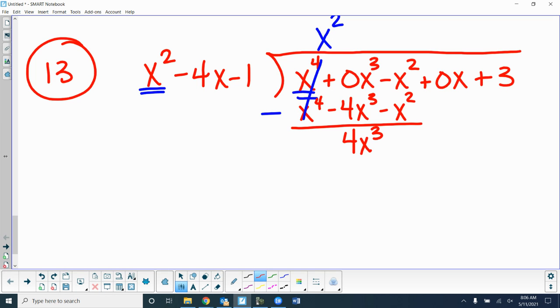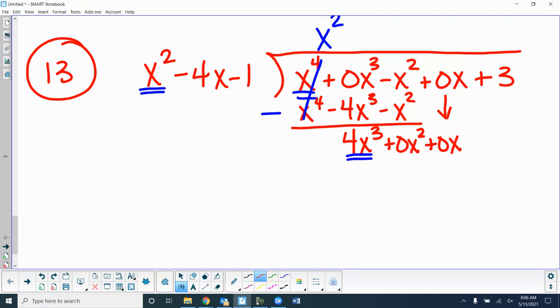So let's put 0x squared. And then bring down the next term. Now I start over. All I worry about is the 4x cubed divided by the 1x squared. What is 4x cubed divided by x squared? 4x, right?